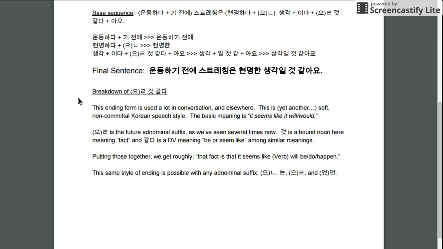Now, this is used a lot in conversation in Korean. It's yet another soft kind of ending. You're not saying something is some way. You could, but this is used really a lot with adults in Korean, and a lot of times it's really obvious that there's no doubt about it. You know what I mean? They're making statements, but they use this as it's just a Korean style thing.